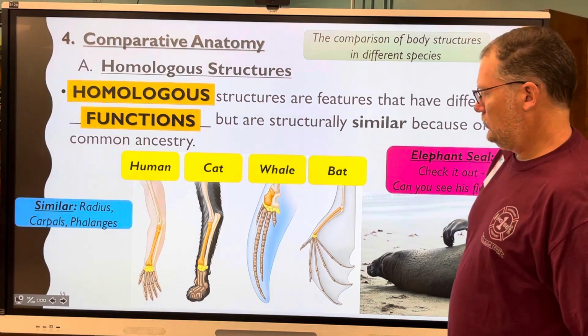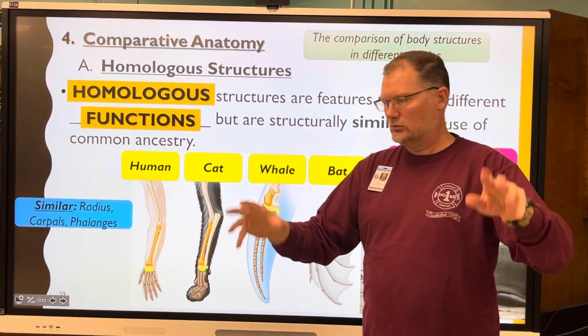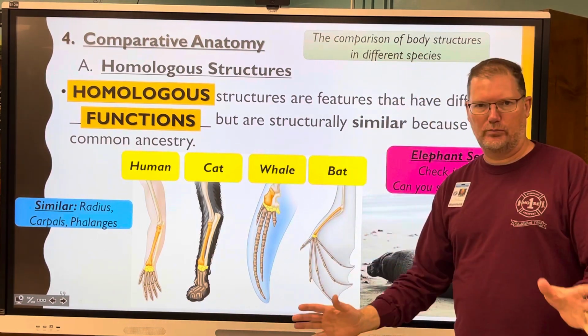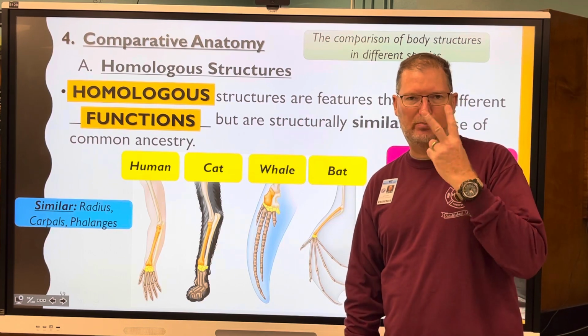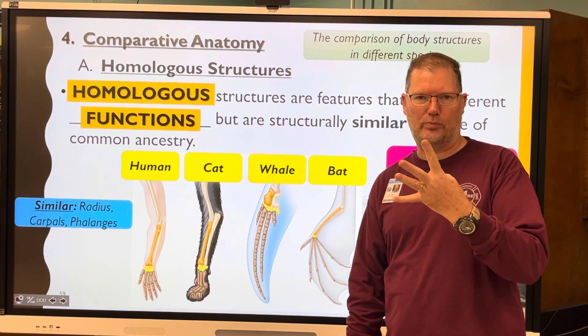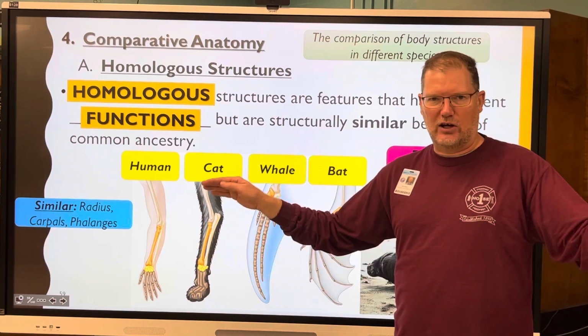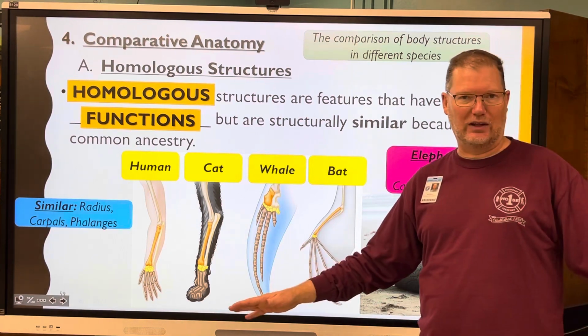Different functions. We don't walk on our hands, but cats do, and dogs and other quadrupeds. We're bipedal. Quadrupeds, like horses and cats. And then whales use theirs for swimming, and bats use theirs for flying.